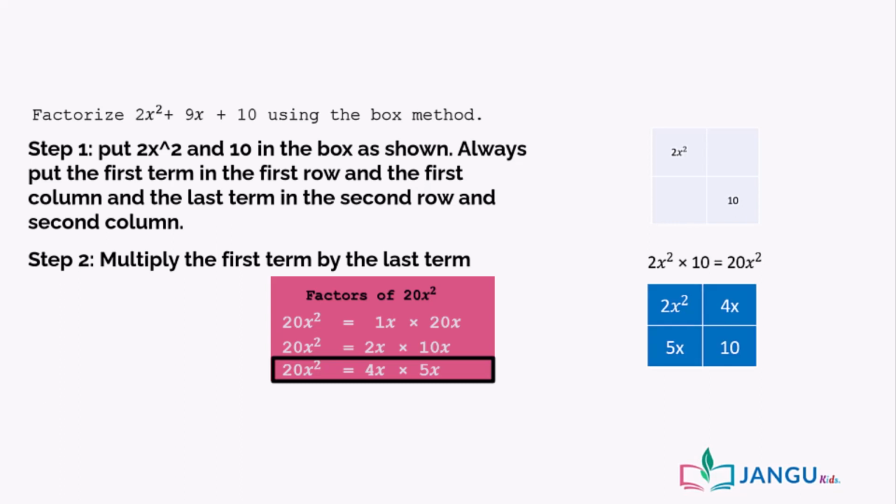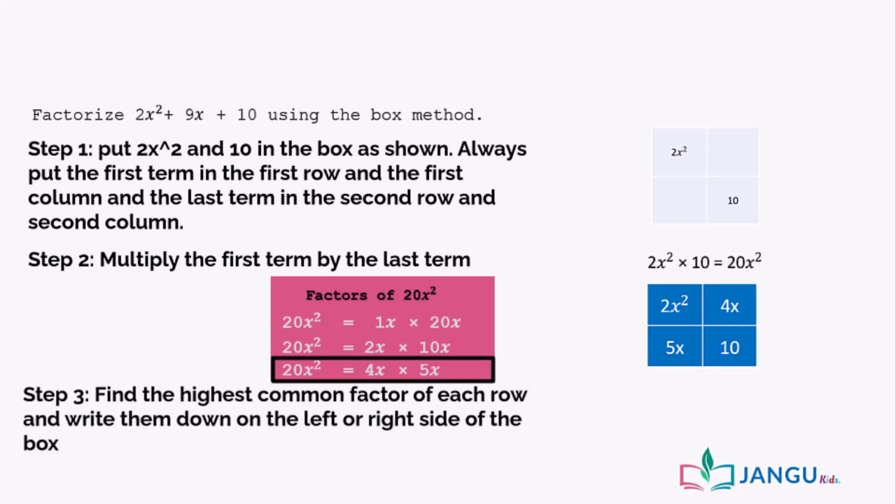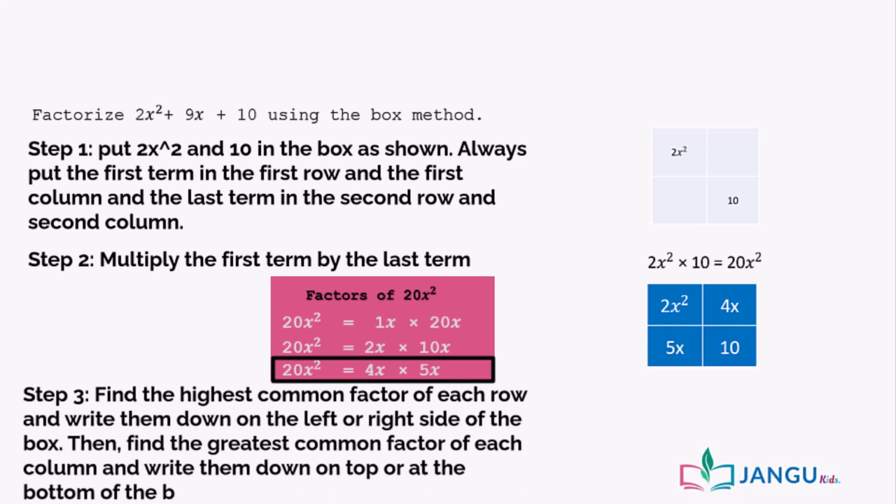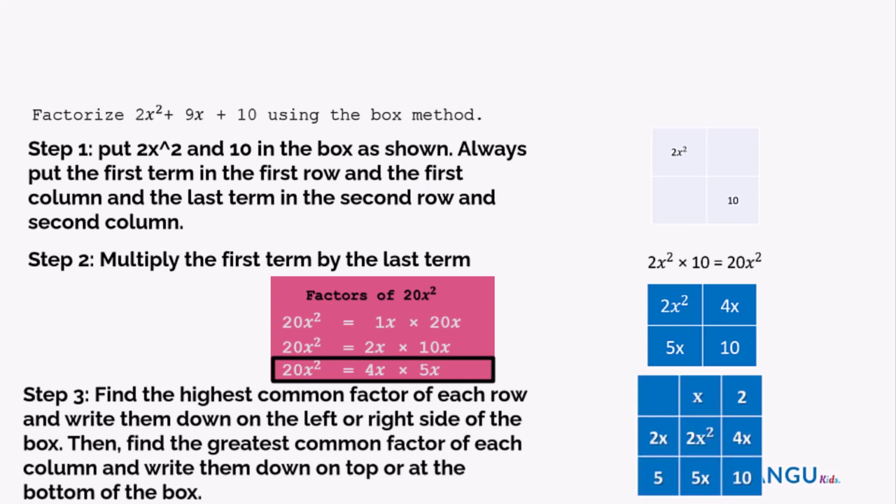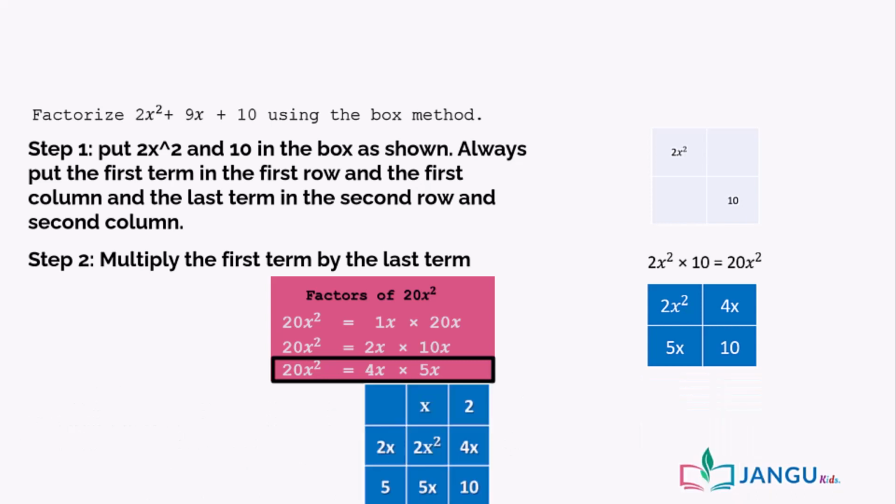Step 3. Find the highest common factor of each row and write them down on the left or right side of the box. Then find the greatest common factor of each column and write them down on top or at the bottom of the box. Starting with the rows, the HCF of 2x squared and 4x is 2x.